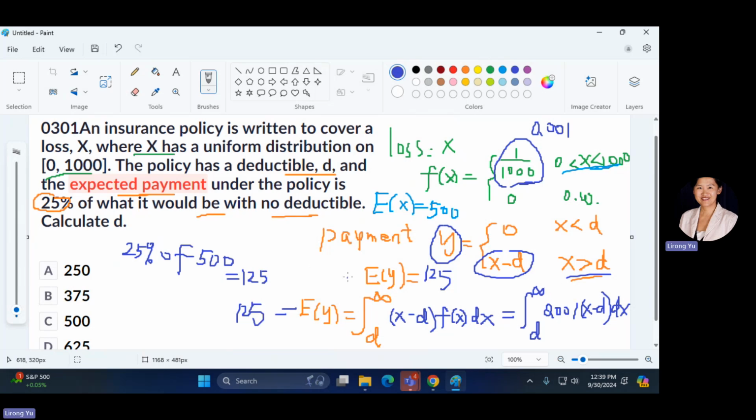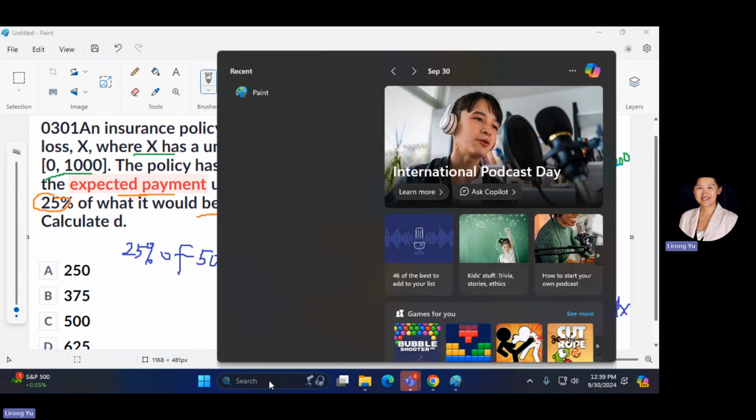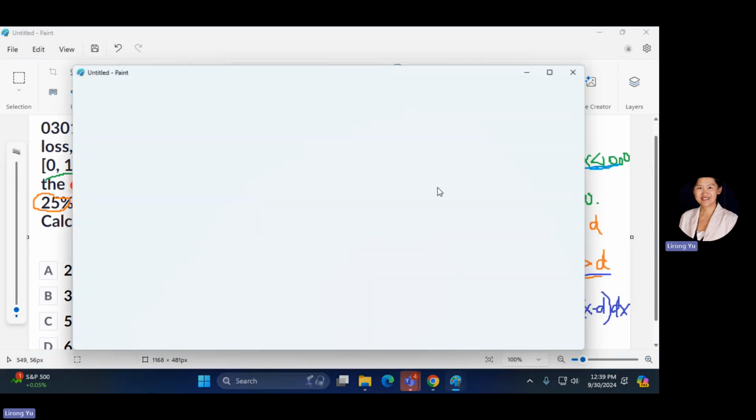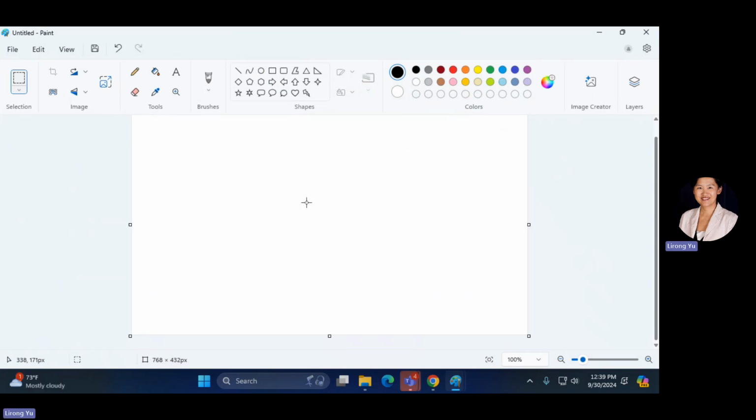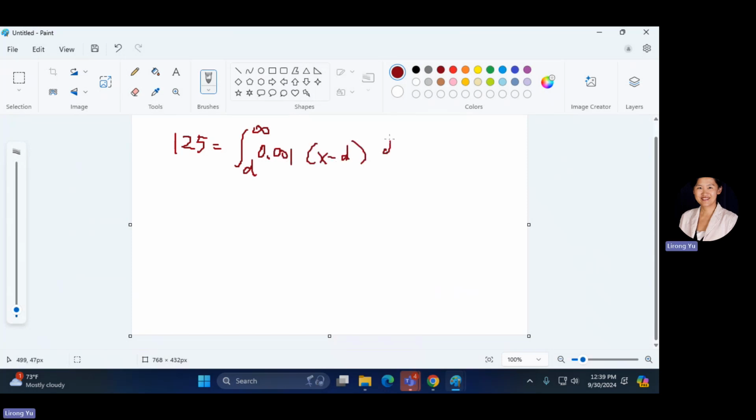Mathematically speaking, this integration has to be carried out to solve it. So we have the equation 125 equals the integral from d to infinity of 0.001 times (x minus d) dx.